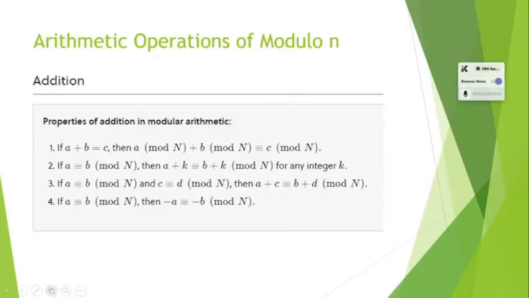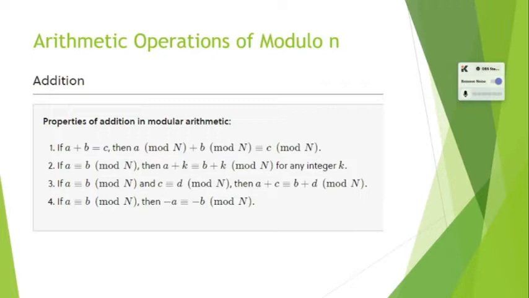Now, let's go with arithmetic operations of modulo n. So, for addition, ito yung properties of addition. First, if A plus B is equals to C, then A mode n plus B mode n is equals to C mode n.